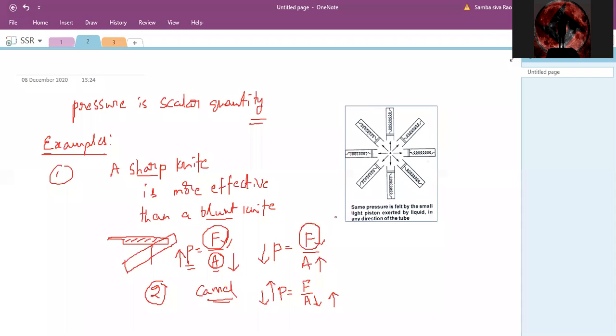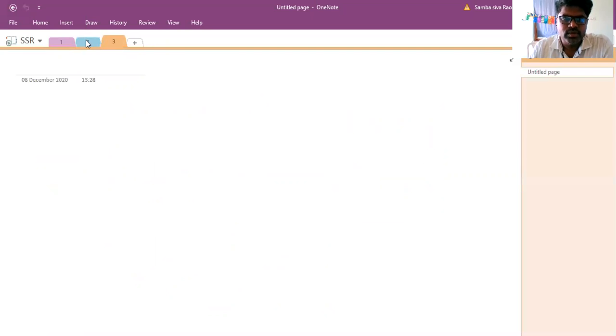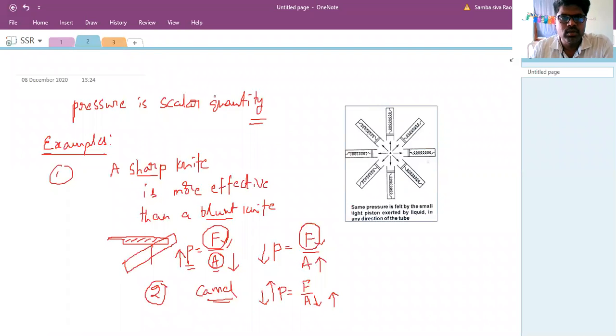Okay. Once you have understood this, we need to go to pressure of a fluid. Pressure of a fluid.